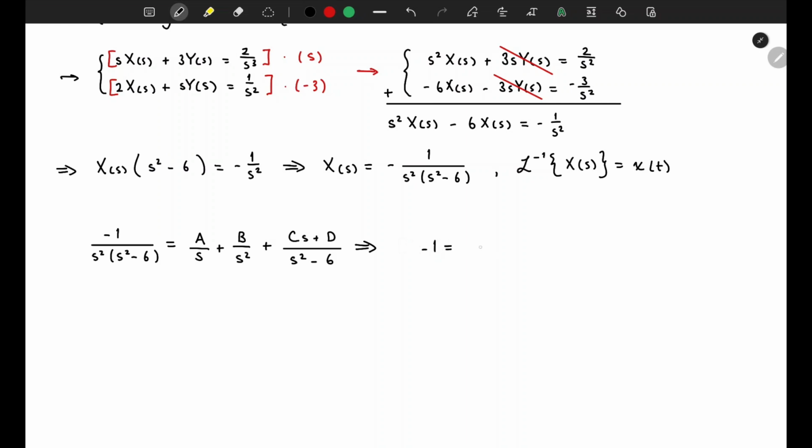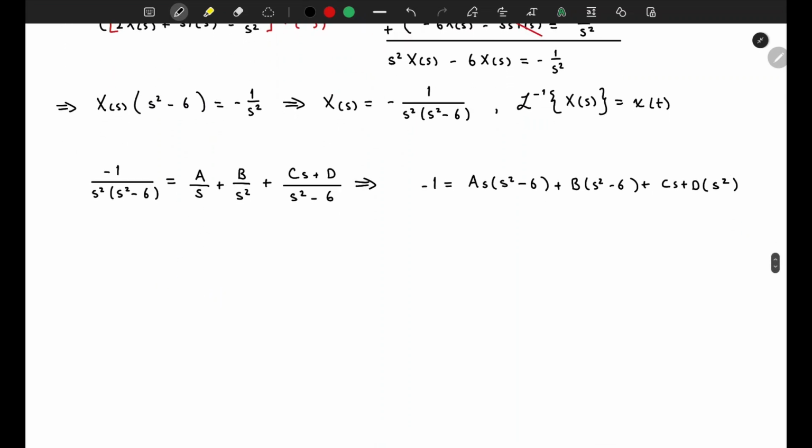negative 1 equal to a(s squared minus 6) plus b(s squared minus 6) plus (cs plus d)s squared. So let's go ahead and further simplify.